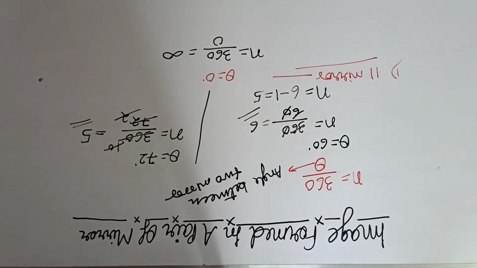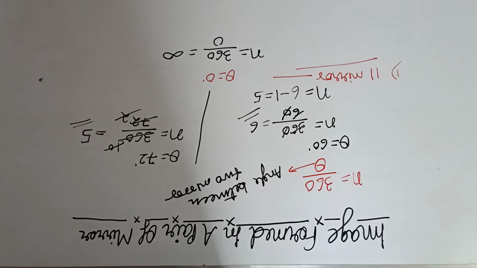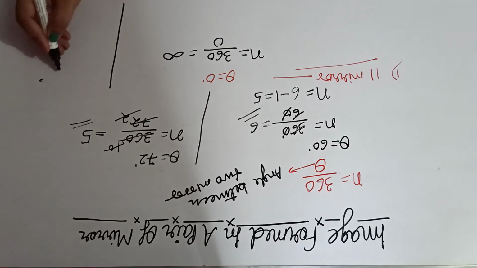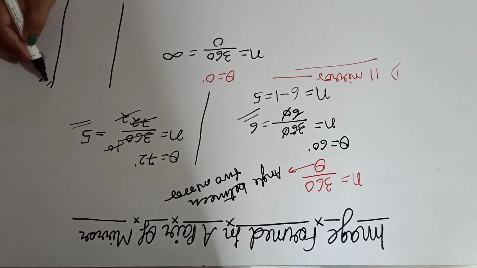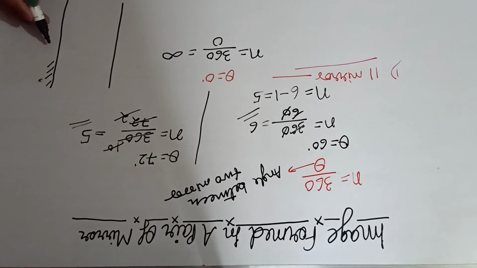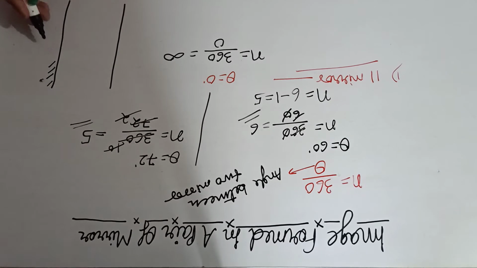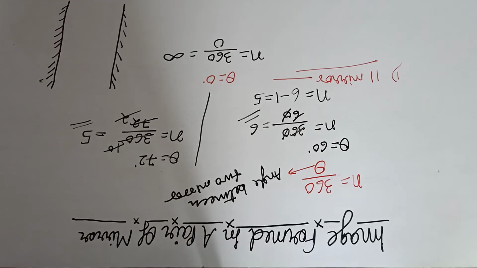Let's discuss the ray diagram of the image formed by the plane mirrors. We have the two plane mirrors. This is the first plane mirror, this is the second. These two plane mirrors are placed parallel with each other.